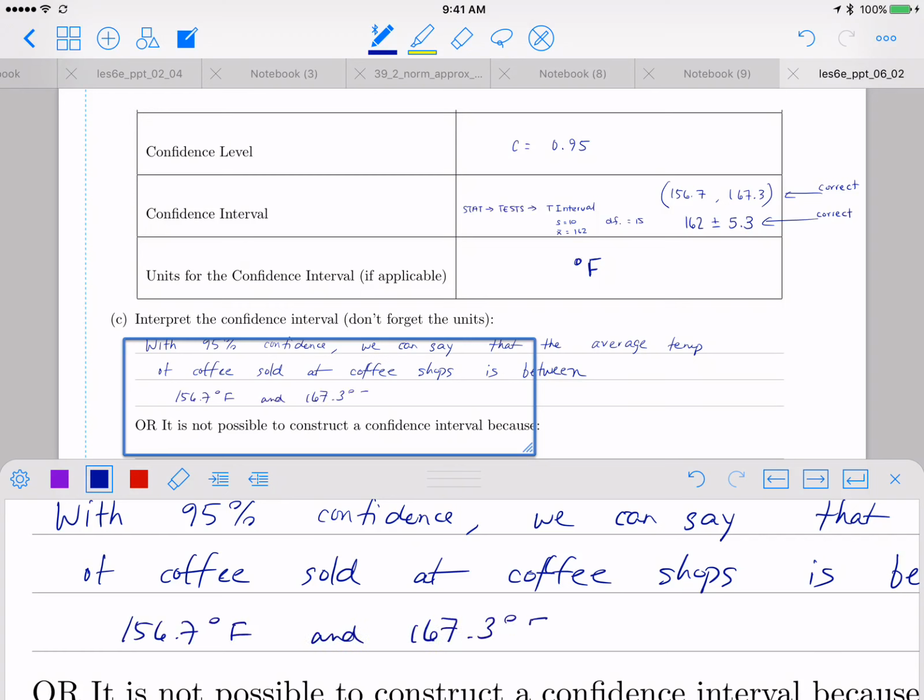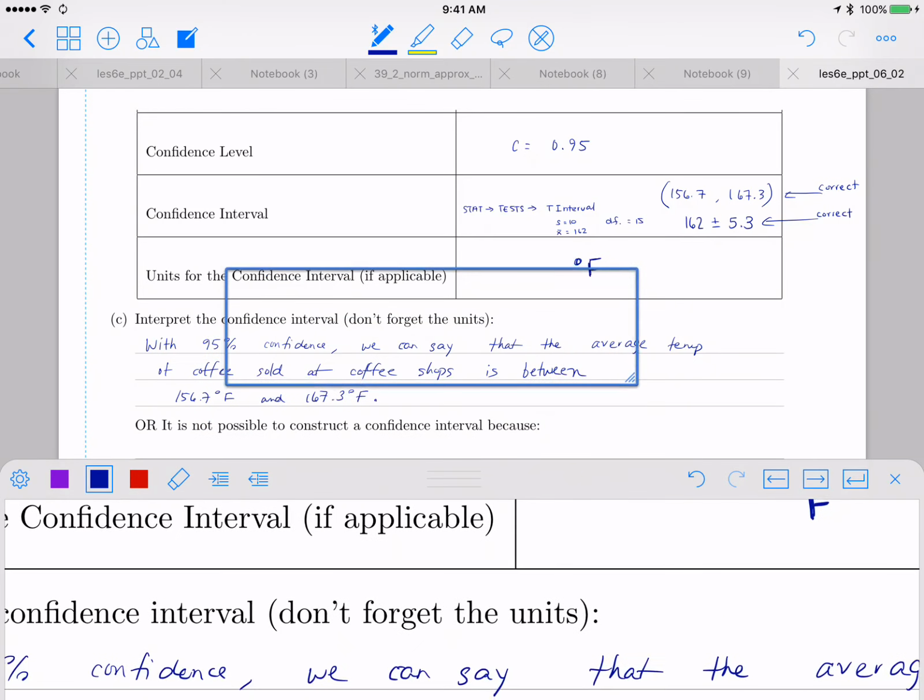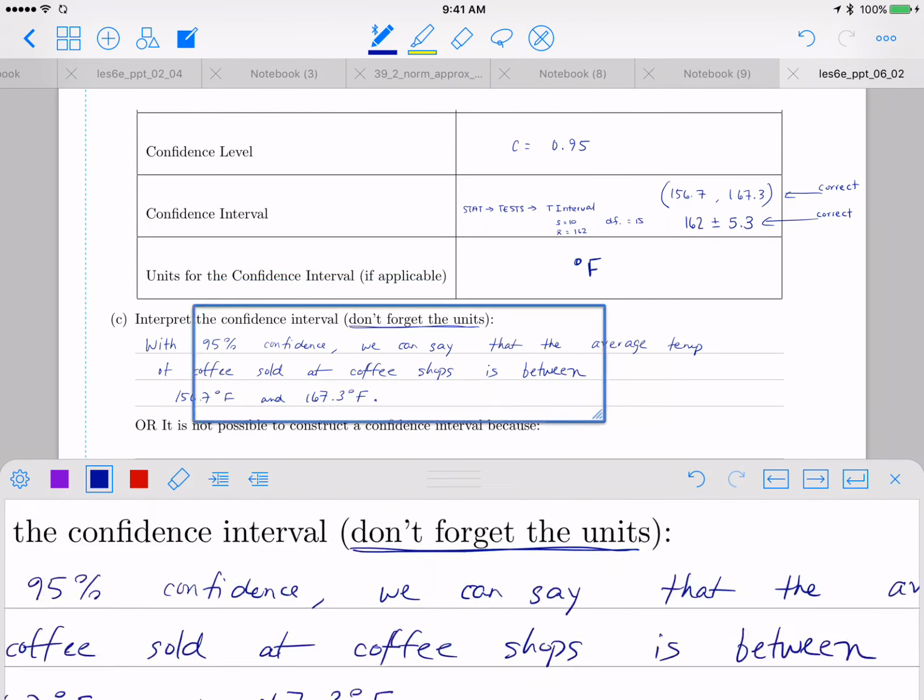Okay, and so don't forget the units. Our units are degrees Fahrenheit.